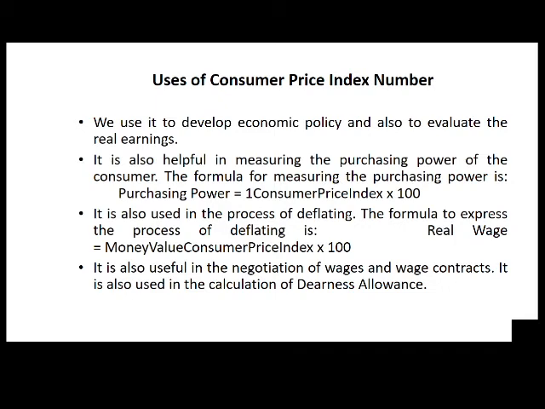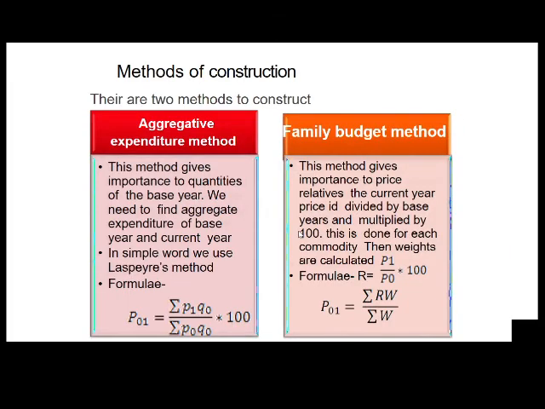It is also used in the process of deflating. The formula to express deflating is: real wage equals money wage divided by consumer price index, into 100. It is also useful in the negotiation of wages and wage contracts. It is also used in the calculation of DA, that is, dearness allowance.